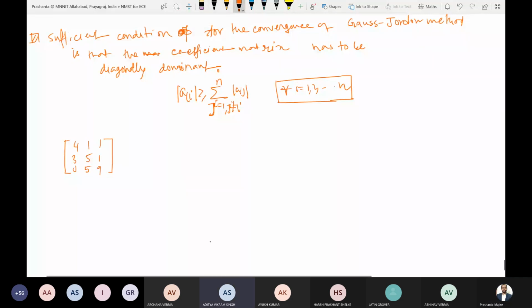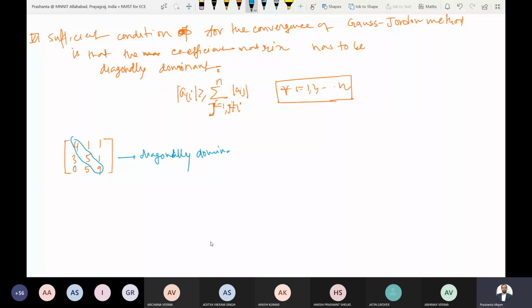Yes, sir. It is diagonally dominant because in each row, 4 is greater than 1 plus 1, 5 is greater than 3 plus 1, and 9 is greater than 0 plus 5. So this is a diagonally dominant matrix.